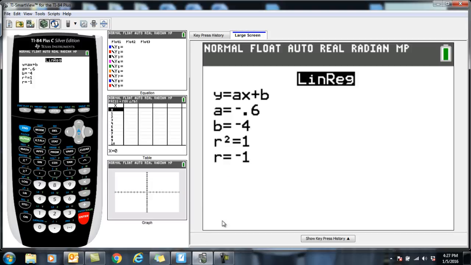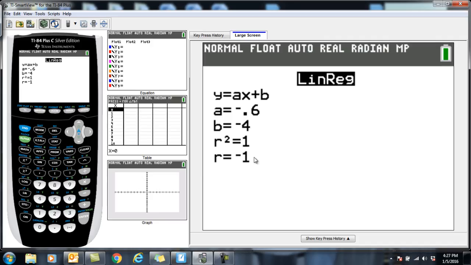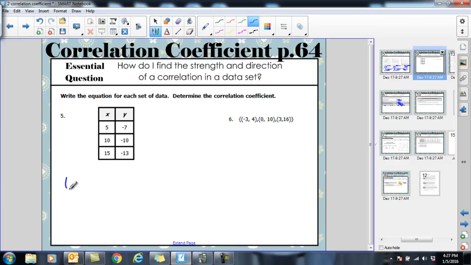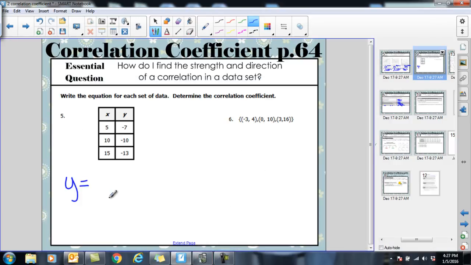And the fact that it's 1 tells me it's a very strong correlation. And that means that this equation perfectly matches my data. So my equation here is y is equal to -0.6x minus 4. So this equation perfectly matches that data. That means that these points, if I plotted them on a graph, make a perfectly straight line.